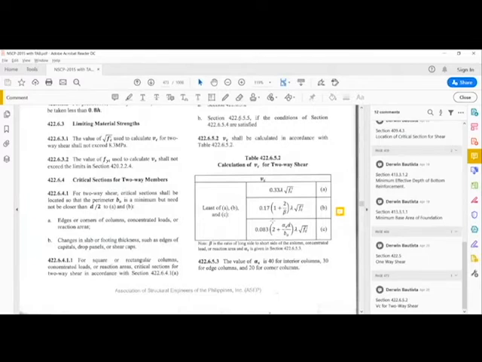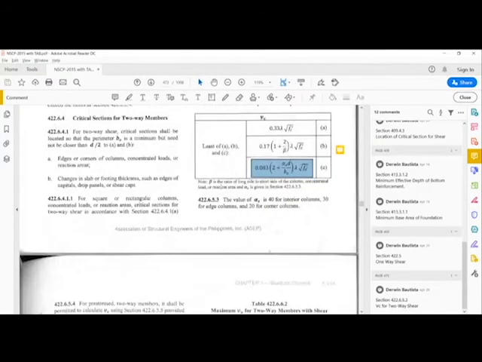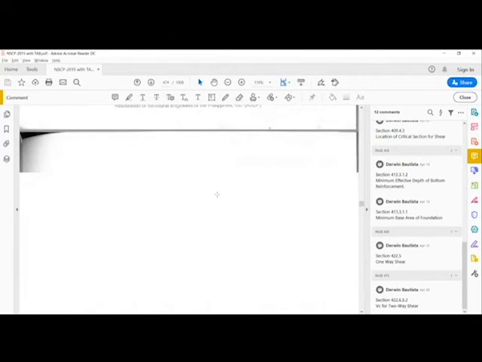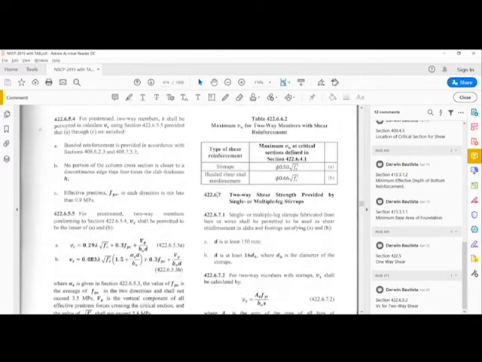So we are going to use formula A only on this computation, no? Since our column is square. Okay, and might as well you want to check this out, formula C, pero it rarely, only on rare cases, na naggo-govern yan.